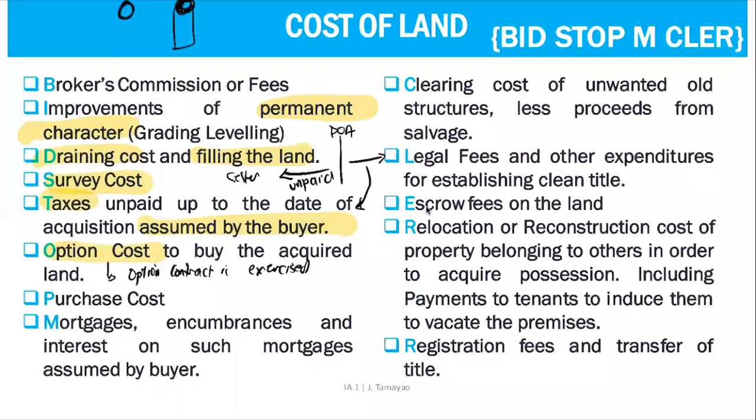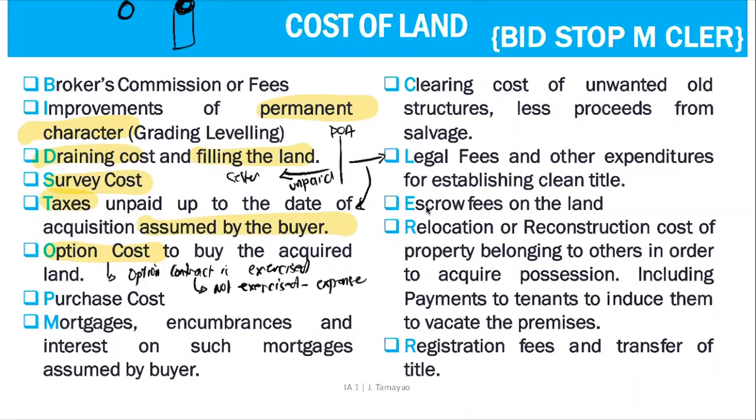If you exercise that option and you paid a cost on that option contract, you will include it as part of your cost of the land. But what if your option contract is not exercised? If the option contract is not exercised, what we will do is place it as part of your expense. Of course, purchase cost will be included.